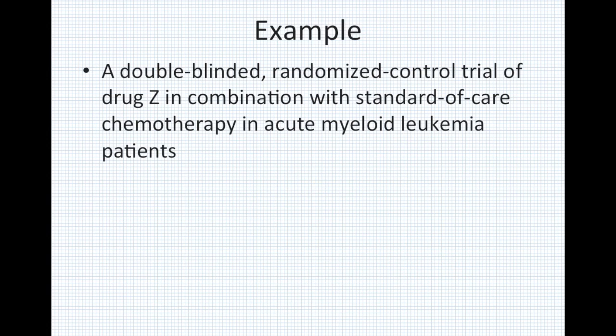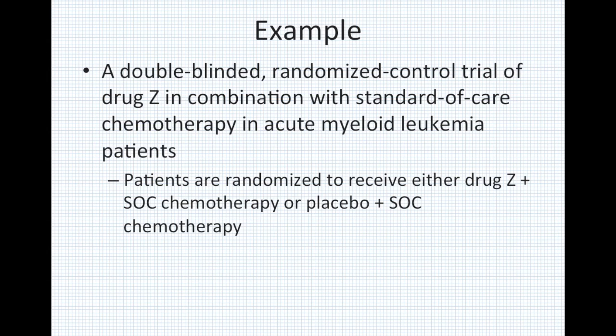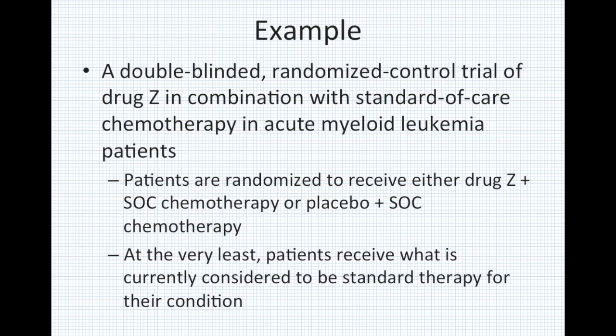For example, let's say we have a double-blinded randomized control trial of drug Z in combination with standard of care chemotherapy in acute myeloid leukemia patients. Patients are randomized to receive either drug Z plus standard of care chemotherapy or placebo plus standard of care chemotherapy. At the very least, patients receive what is currently considered to be standard therapy for their condition.